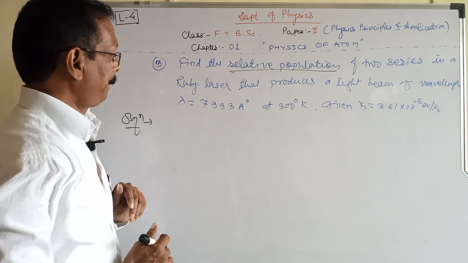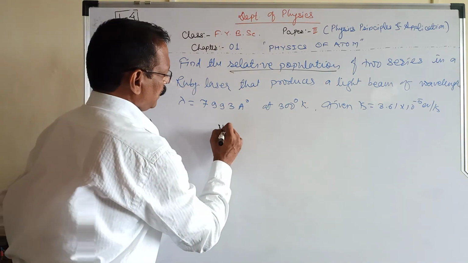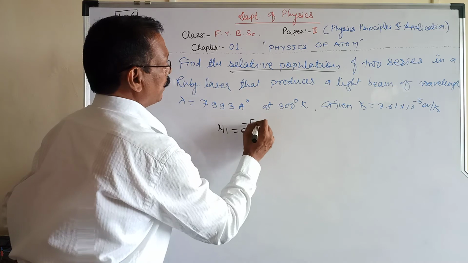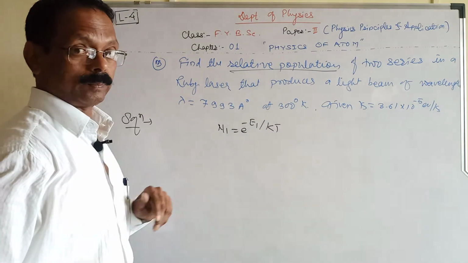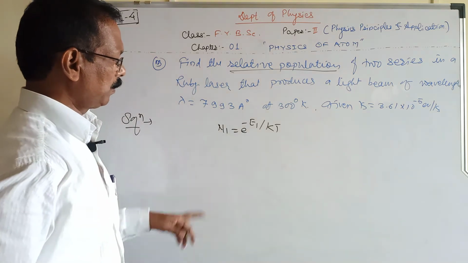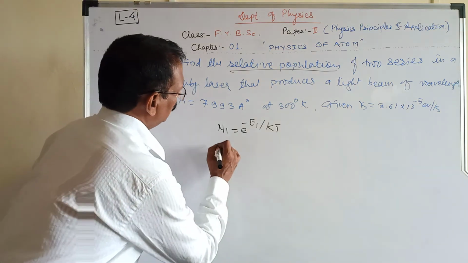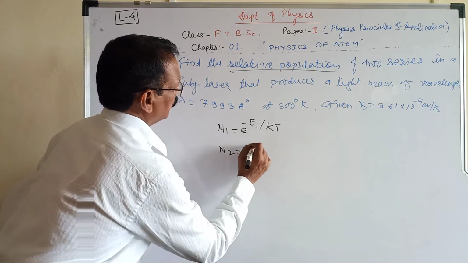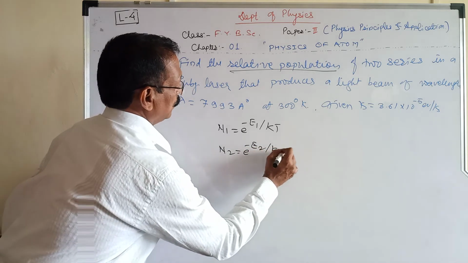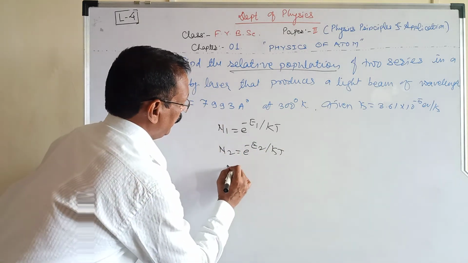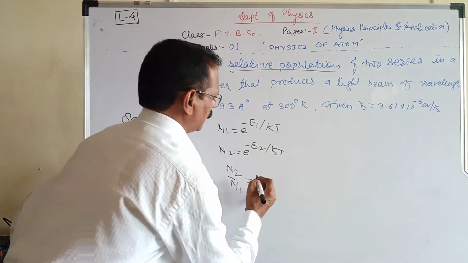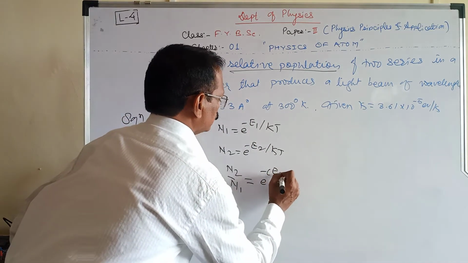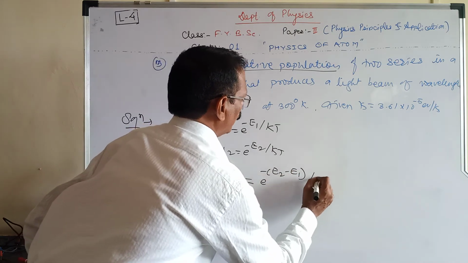Now we must know here that n1 is equal to e raised to minus e1 upon kt here. In the first chapter, in the first or second lecture, we saw n1 is equal to e raised to minus e1 upon kt, n2 is equal to e raised to minus e2 upon kt here. So relative population means n2 upon n1 is equal to e raised to minus e2 minus e1 upon kt here.